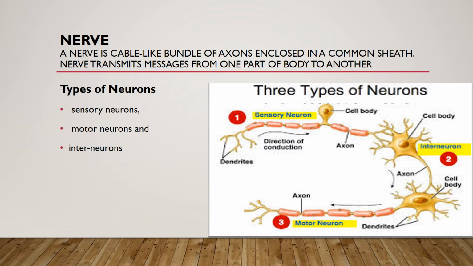Motor neurons carry the nerve impulses from the central nervous system to effectors, that are muscles and glands, the parts which respond. And interneurons are present in the central nervous system, means brain and the spinal cord. They form a link between the sensory and motor neurons.